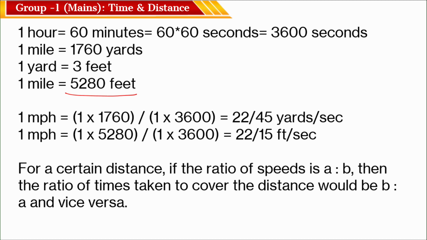Okay. 1 mph, mile per hour, is equal to 22 by 45 yards per second, and 1 mile per hour is equal to 22 by 15 feet per second. So, all these relations are very important. You have to remember them.